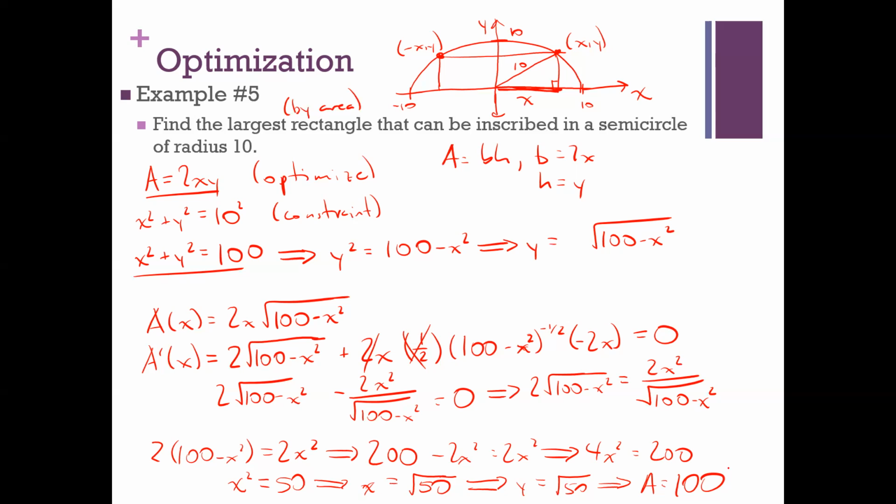If I know X is radical 50, so I can't go straight to that. Any questions on that one?